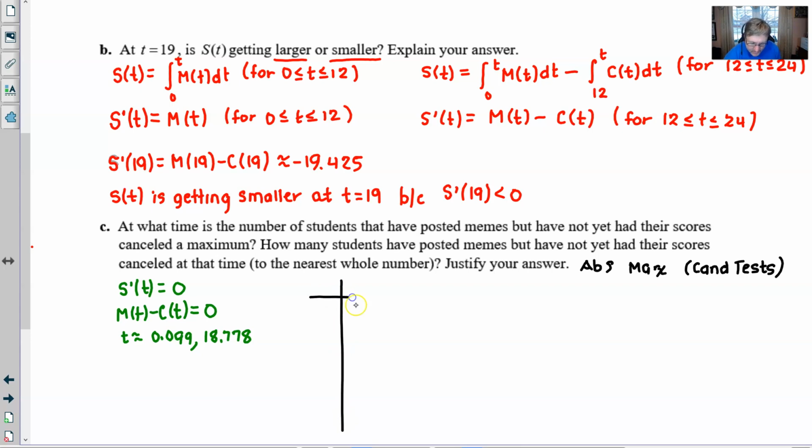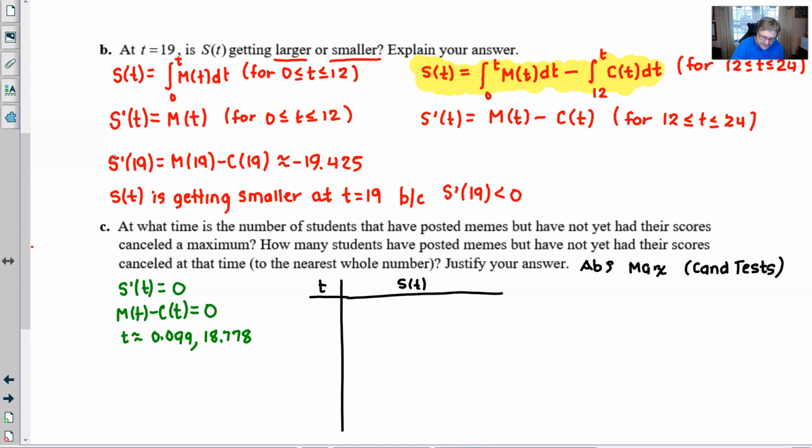And so we're going to make our T-chart here. And our T-chart's going to consist of those times and the S of t that we're trying to find the maximum number of. And if it helps you, remember, S of t is defined to be this guy up here.